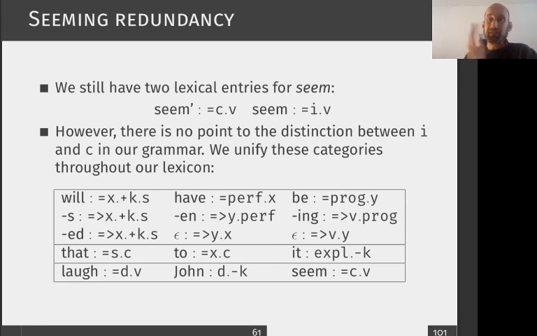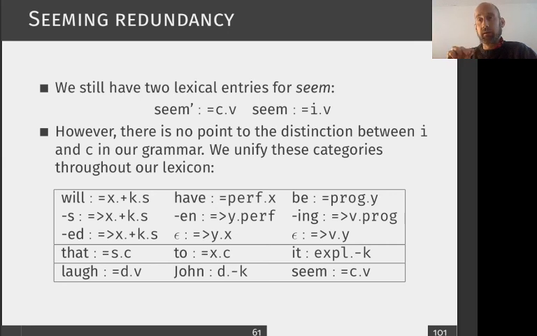Okay, but we still have two lexical entries for seem. That's not what we want. One wants a CP and one wants an IP. One wants a finite clause and one wants a non-finite clause. But so far in our grammar, there's really no point in making this distinction between I and C, because nothing depends on it anymore.